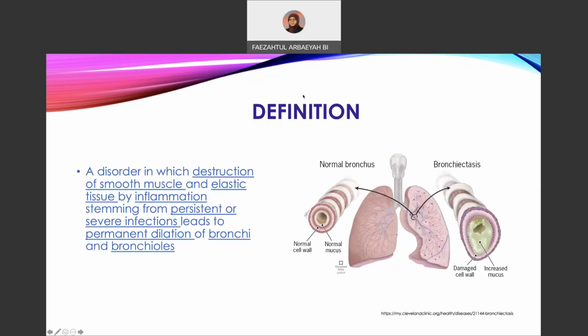So, bronchiectasis is defined as a disorder where there is a destruction of the smooth muscles and elastic tissue of the bronchi or bronchioles.